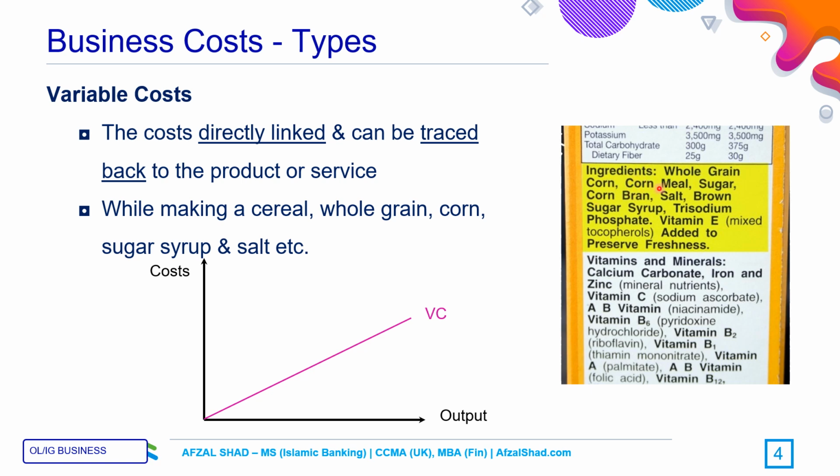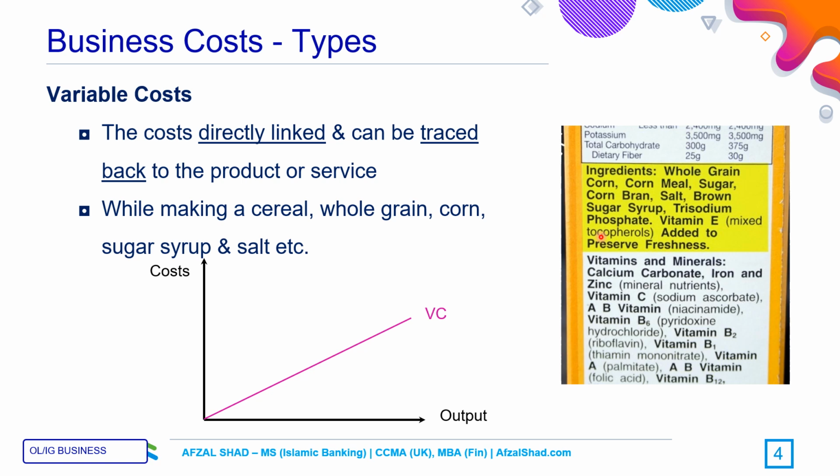In the ingredients, it says whole grain, corn, cornmeal, sugar, corn bran, salt, brown sugar syrup, and XYZ elements. So that means all of these are ingredients which are used in the production. These are all raw materials which are part of the product directly.